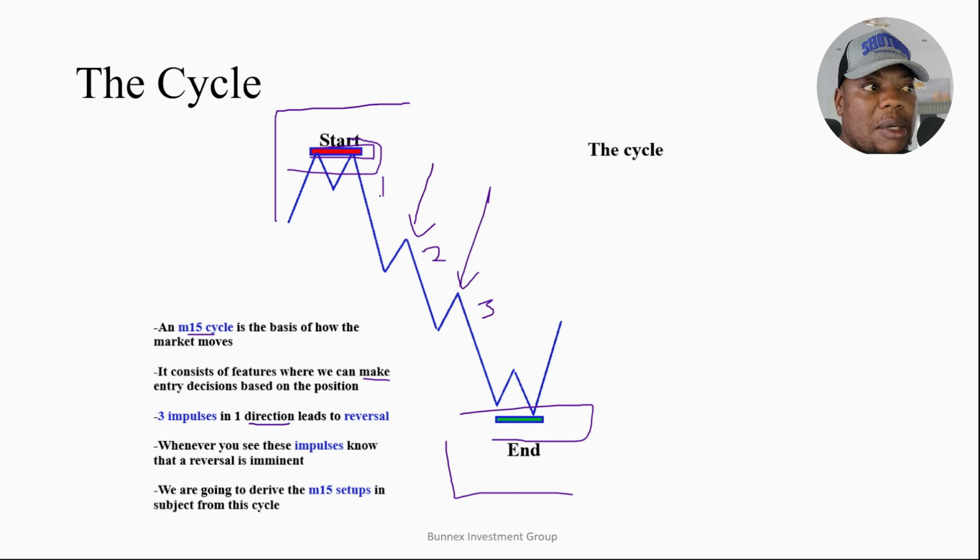As you can see, the market will be trying to make a reversal. If we get 1, 2, and 3 in one particular direction, we'll have a high probability of the market reversing. So whenever we see these impulses, know that a reversal is imminent. We are going to derive the M15 setups in subject from this particular cycle. So this is something that you need to imprint in your mind before we go any further.